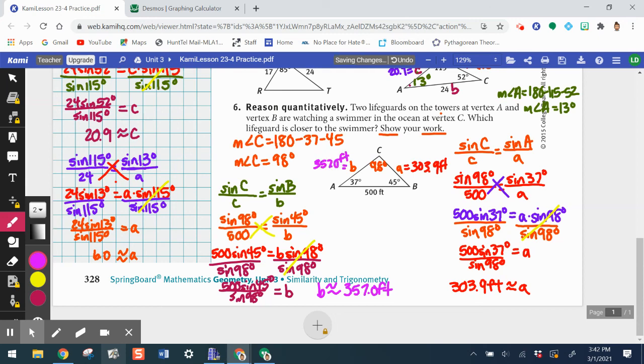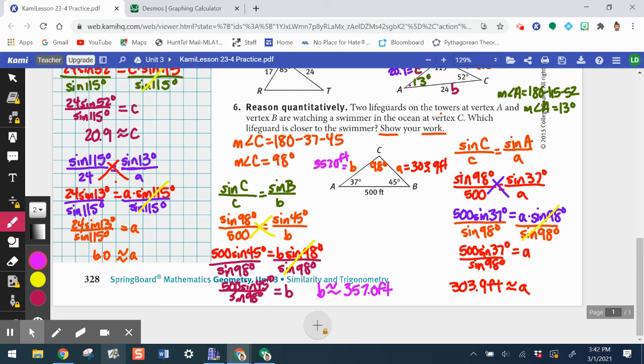So I think our hypothesis was correct. Our educated guess, if you will, that the lifeguard at Tower B is actually closer to the swimmer located at C. Now, there might be a theorem out there, but we haven't definitely come across that theorem that tells us that the side length is connected to the angle measure.